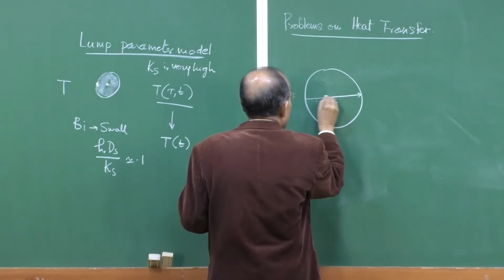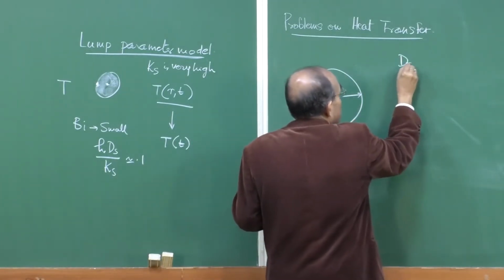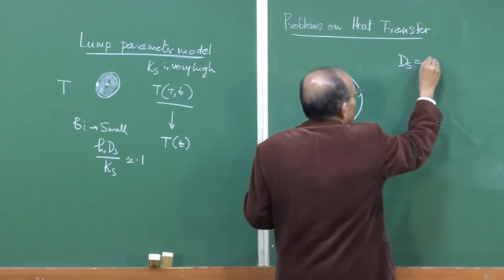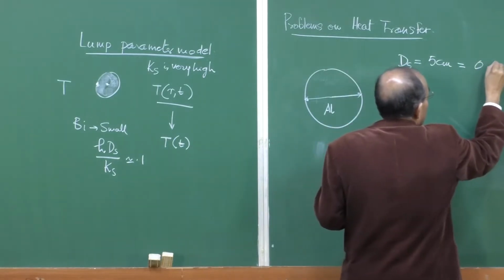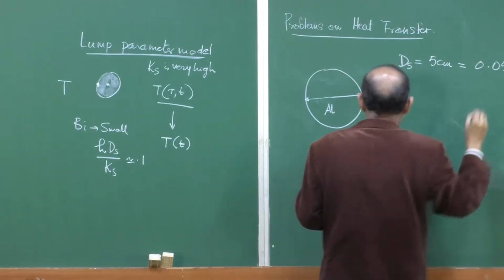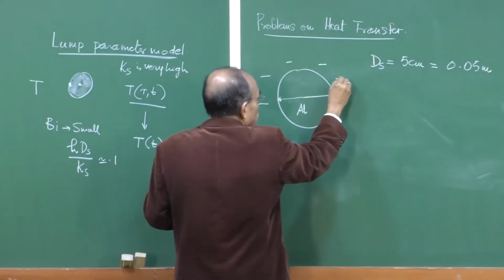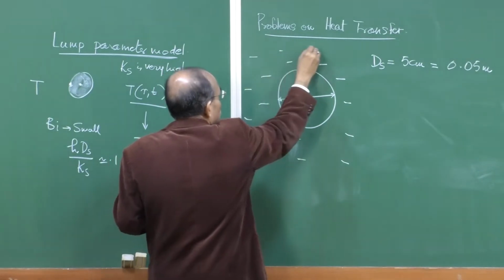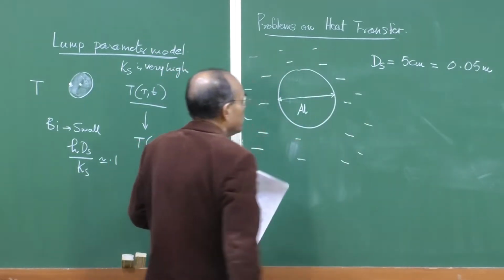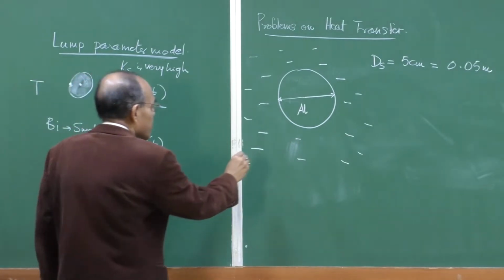So, this is d_s, the diameter of the solid sphere, which is 5 centimeter, or equal to 0.05 meter. This is submerged in a steel bath.